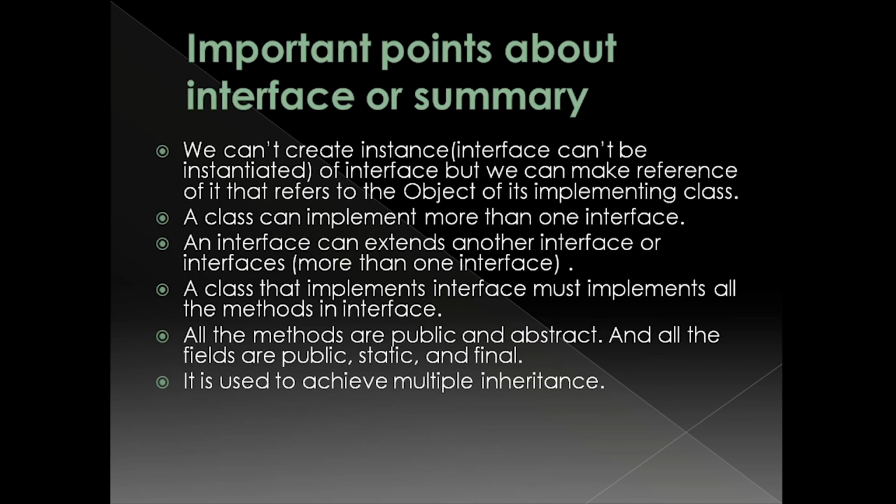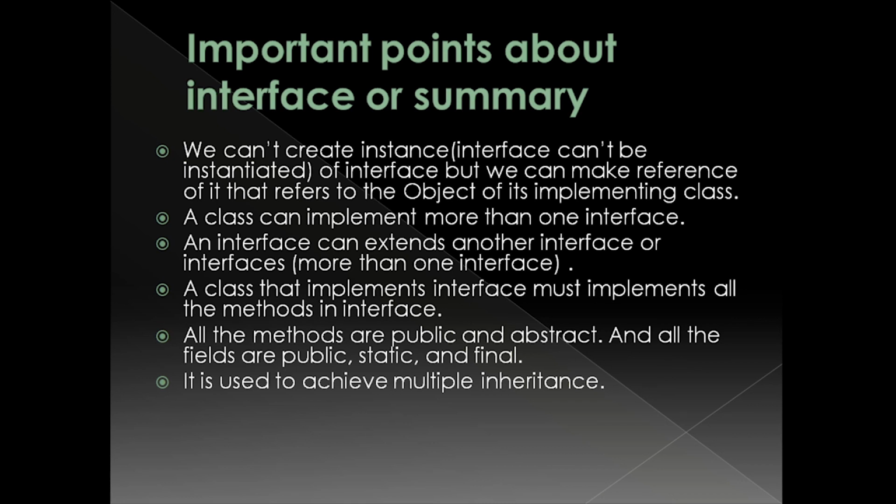So these are some of the important points that we discussed about interfaces. We cannot create instance of interface, but we can make reference of it that refers to the object of its implementing class. A class can implement more than one interface, and an interface can extend another interface or interfaces.